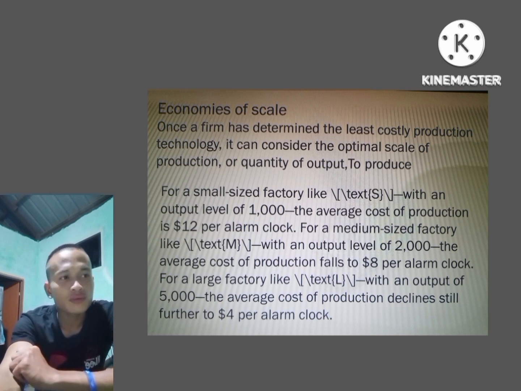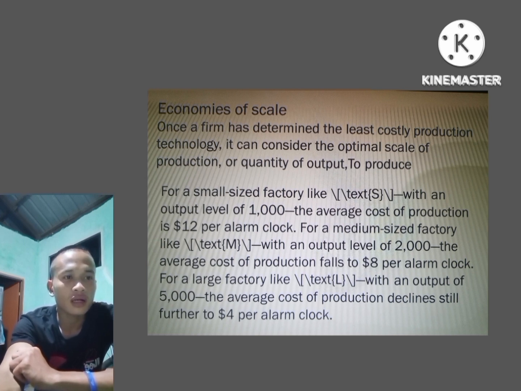For a medium-sized factory with an output level of 2,000, the average cost of production falls to $8 per alarm clock.